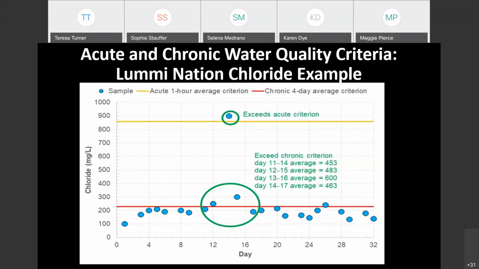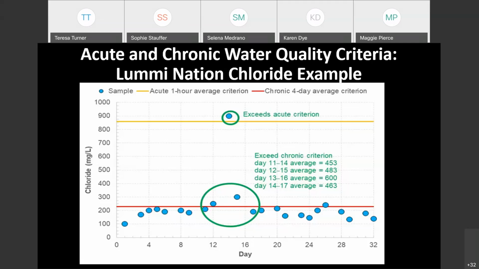So fortunately, someone has gone and calculated the 4-day averages here in the green text, so we don't have to do it. And indeed, there are exceedances of the chronic criterion as a 4-day average, in addition to exceedances of the acute criterion. So in this example, this water body would definitely be impaired for chloride.